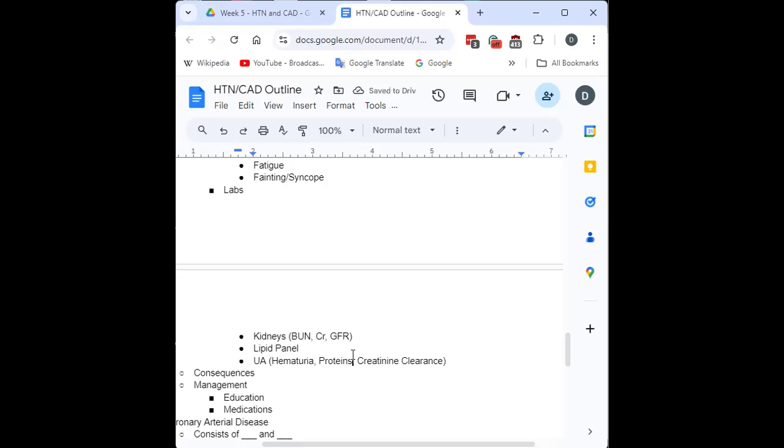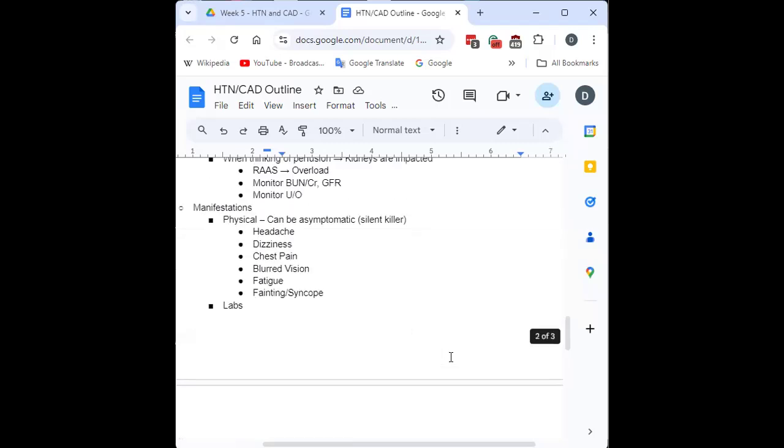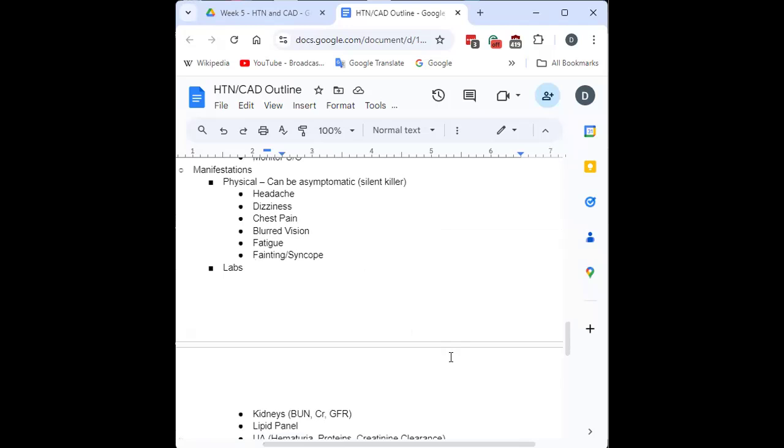That can make sense. Do you guys know what urine looks like when it's got protein in it? Filtration rates, the GFR. There's a very specific look to urine with protein. Foamy. Very foamy. Yep.